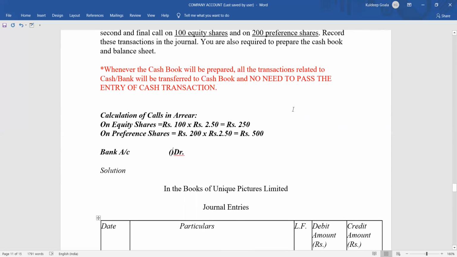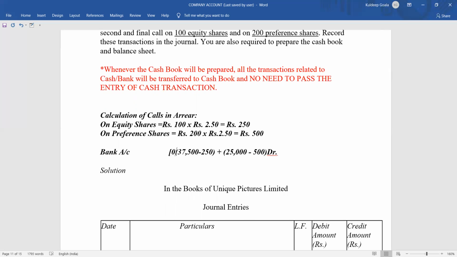So in case of equity, 37,500 rupees minus 250. In addition to that, we have plus 25,000 rupees in case of preference minus 500 rupees, isn't it?